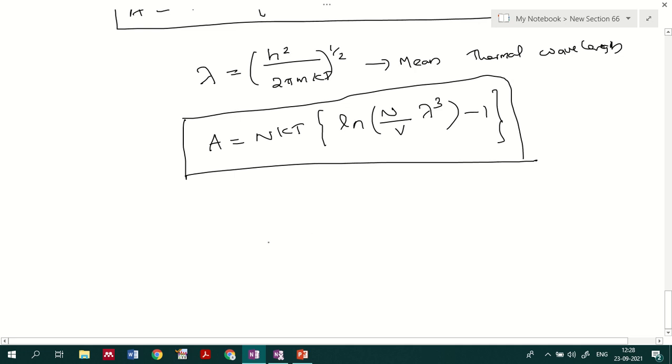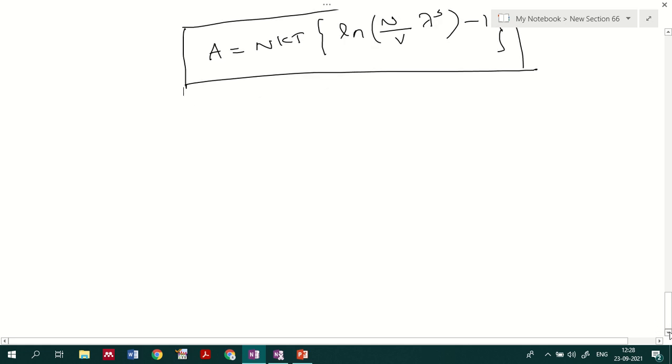So that is the mean thermal wavelength. And now with this representation, nkT (ln n lambda cubed by V minus 1), from that I can find the different values of thermodynamic parameters, and we know that we can represent pressure equal to minus dou A by dou V.